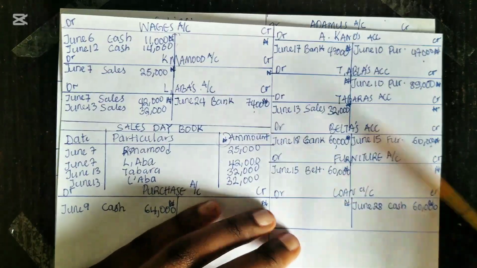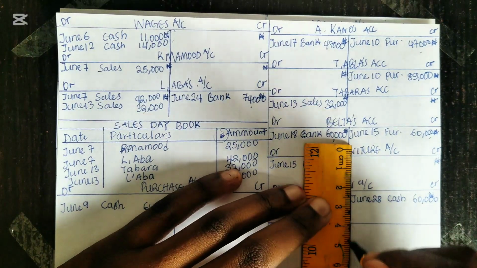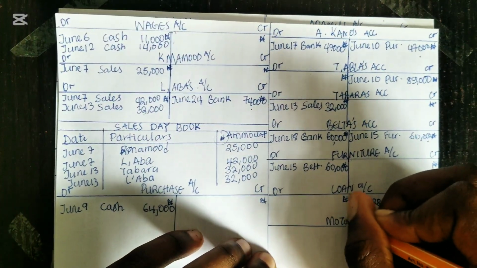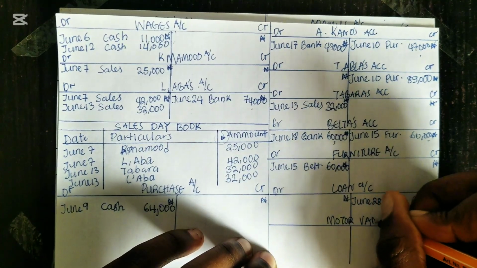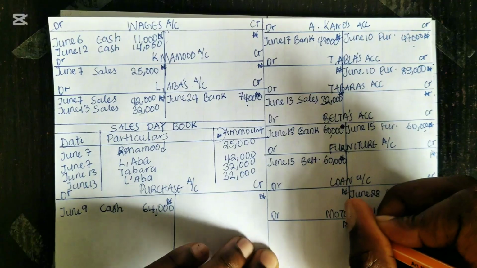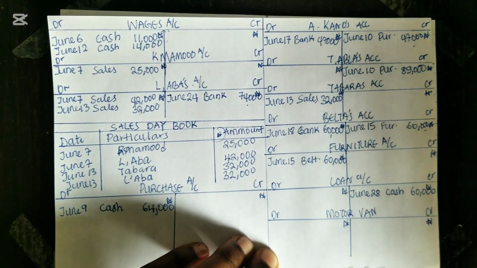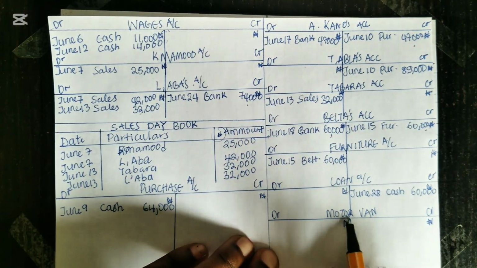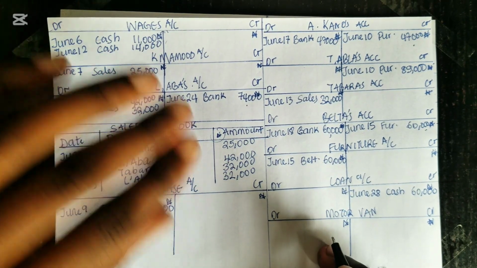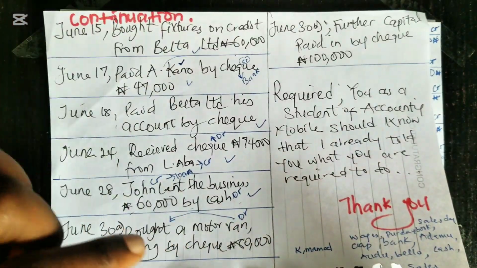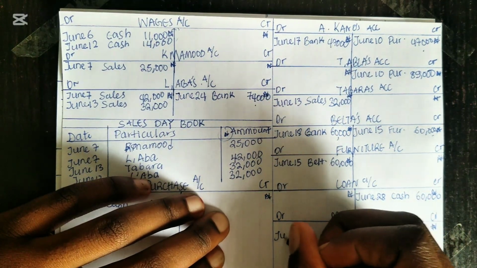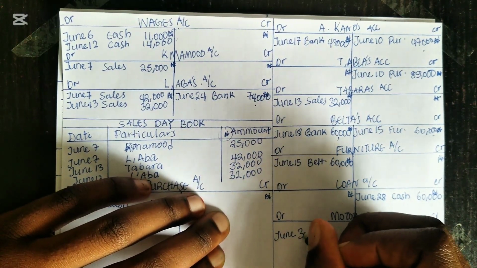Motor van, credited, debited, naira sign. Because the motor van account is here, we're going to debit it with, let's see how much, 80,000 naira. So the date is June 30.